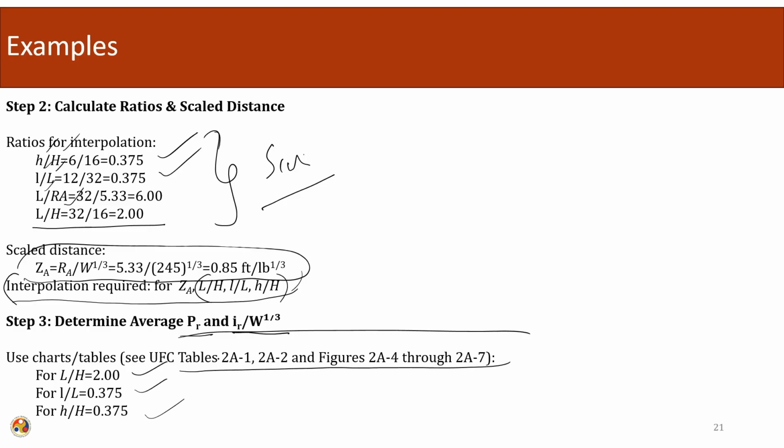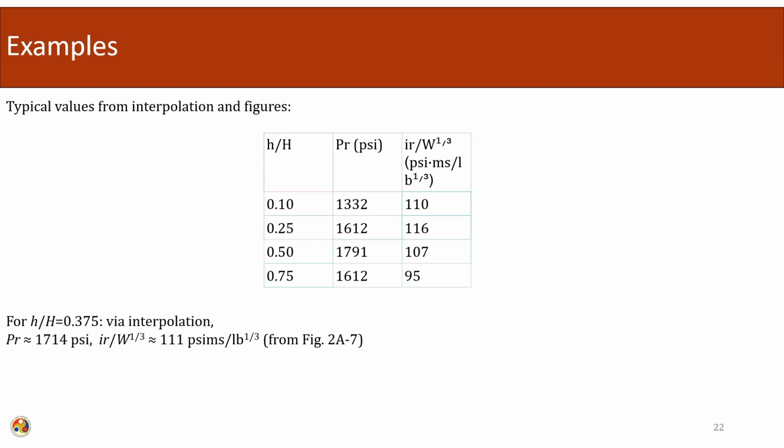Either we can use interpolation and calculate the values using the different equations, or we can use the values from the figure, like figure 27a or the relevant figure. This directly gives us the reflected pressure and the reflected impulse.